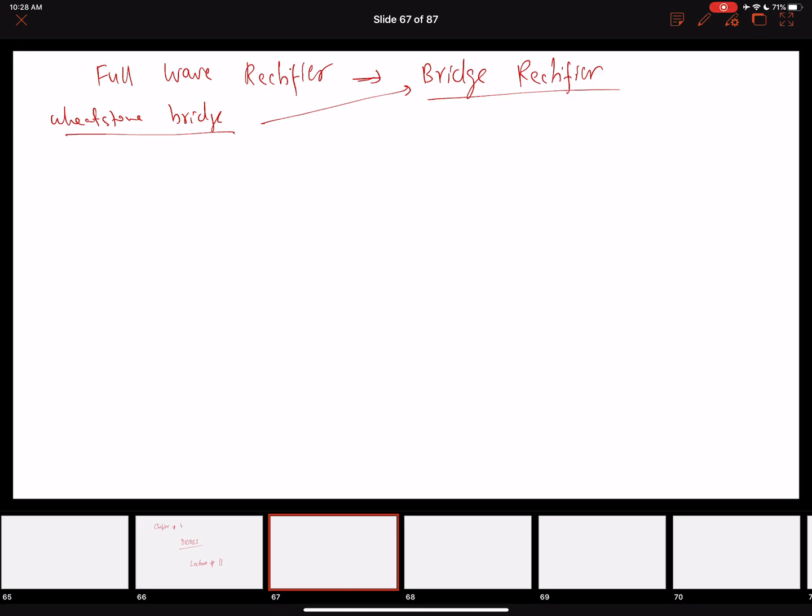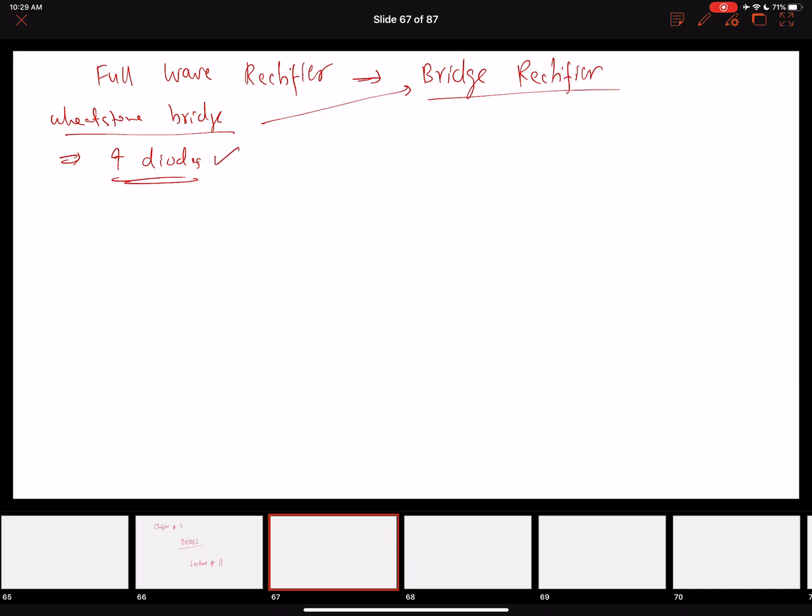Another important thing in terms of the other type of rectifier circuit that we discussed earlier, center tap: this will not require a center tap transformer, so it's simpler in that way. However, now this will require 4 diodes compared to 2 diodes that we used in the center tap transformer.